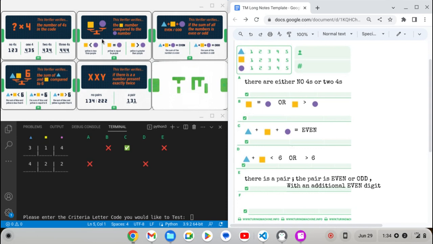I think that's our only option. So let's do B. Okay, so that is also incorrect. So it's not equal. So that means that it must be that square is greater. Okay, finally we have something that we can kind of cross out.